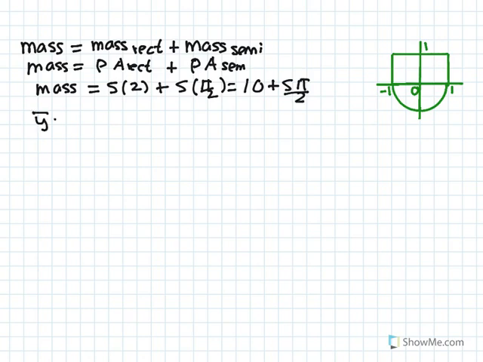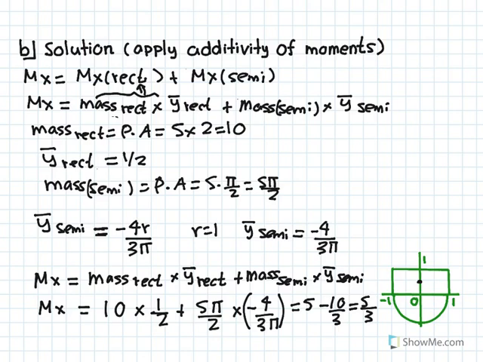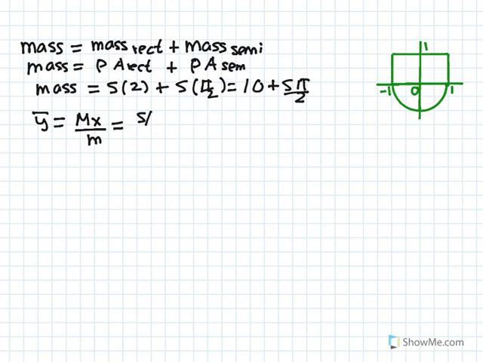Now, applying the formula, y bar, the y-coordinate of the center of mass of the entire system, the entire shape, is the total moment with respect to the x-axis divided by the mass. We found the total moment, Mx, is 5 over 3.